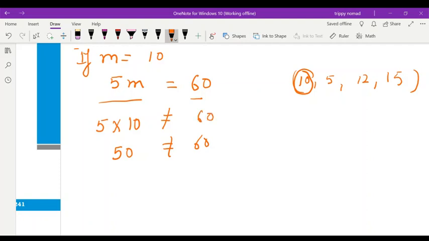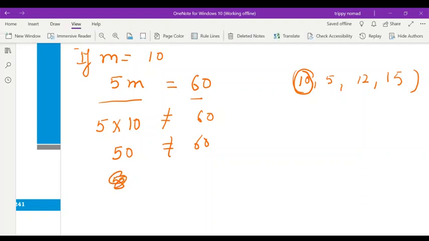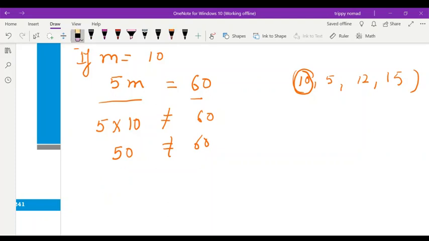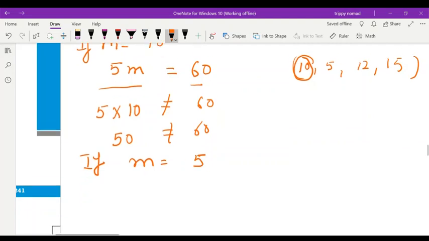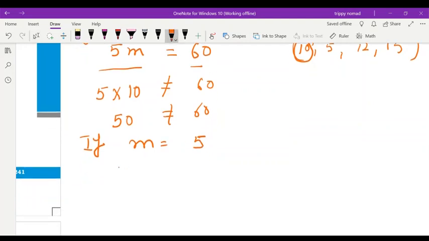Second, if m is equal to 5, then 5m is equal to 60?